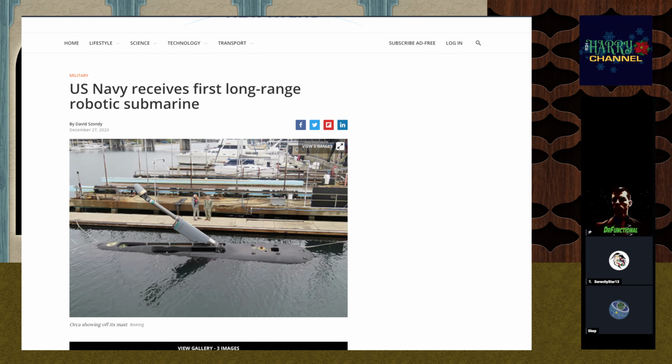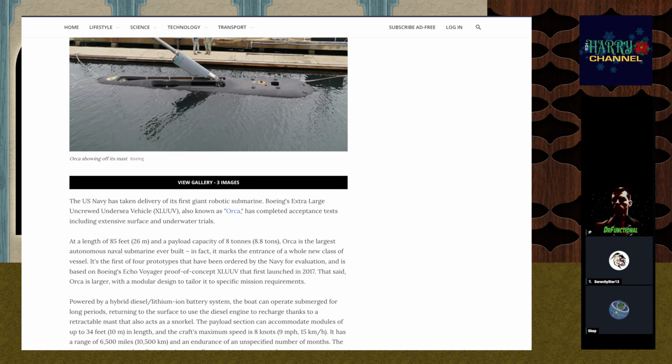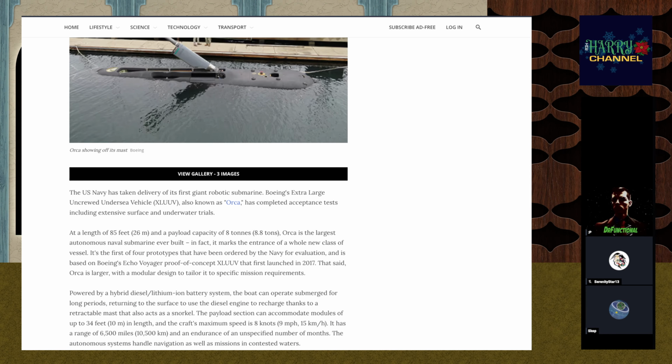This thing is designed to work for months. And it has the capability to carry a not insignificant payload. It's 85 feet with a payload capacity of 8 tons, or 8.8 tons. That doesn't sound like a lot, but imagine being able to stealthily deliver something into very dangerous waters without putting any people at risk.